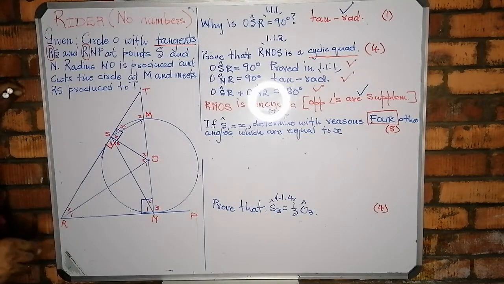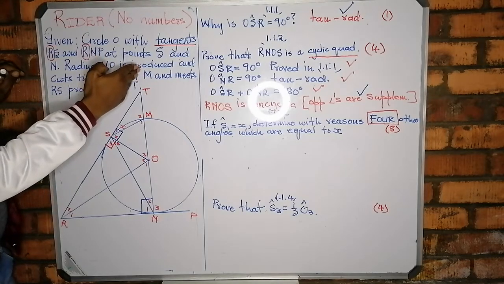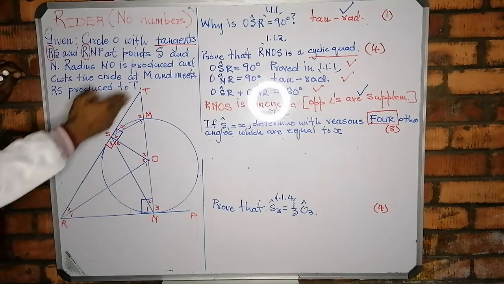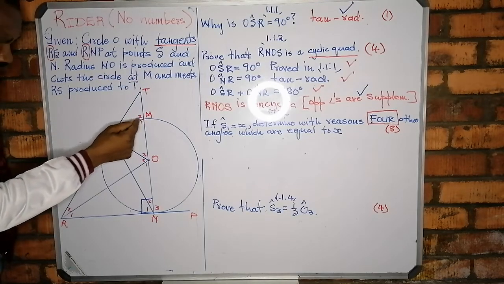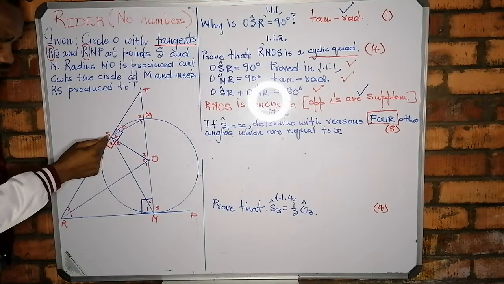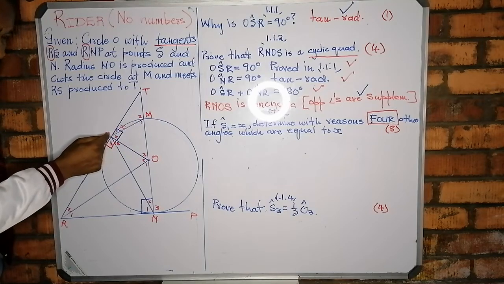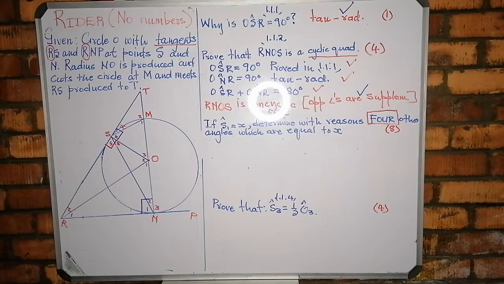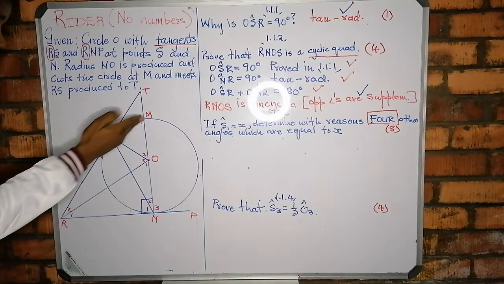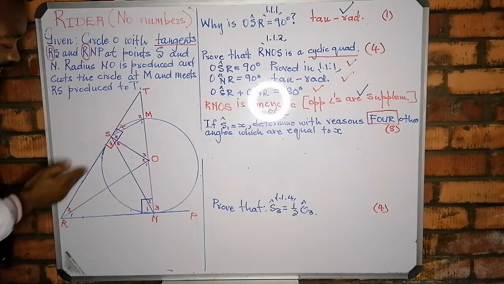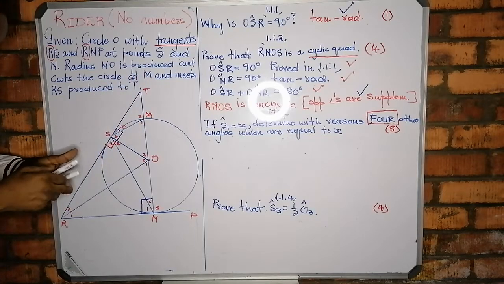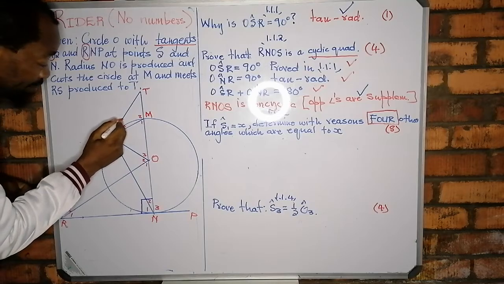Okay, let's see. This was said to be a tangent. That is a chord. I repeat again, it's a beautiful one. We have a tangent, we have a chord, and we have the angle between the tangent and the chord. I'm talking about this angle.